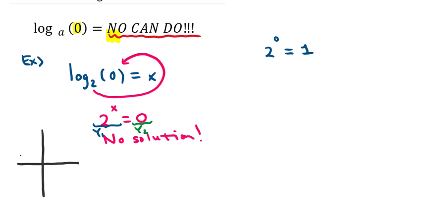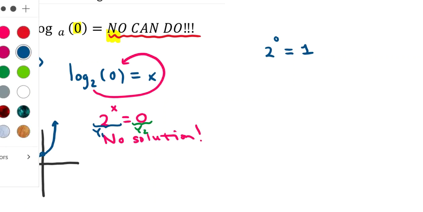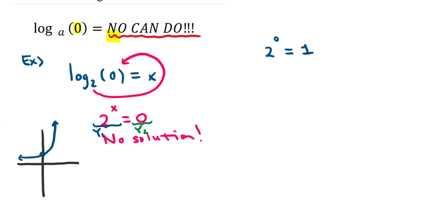The graph of 2 to the x, we saw that in the last video, starts out along the negative part of the x-axis, goes through 0, 1, and then off to outer space it goes. And then y2 is 0, which we know is the x-axis. So again, 2 to the x is y1, and then 0 is y2.